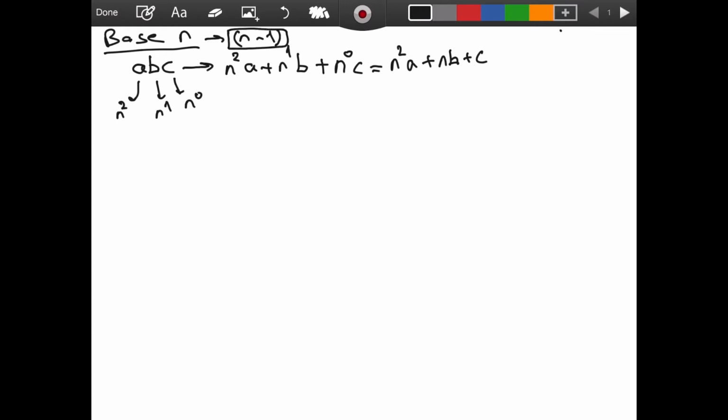And of course you can see where this is going, because we are using base 10 most of the time, and 10 minus 1 is equal to 9. So if we are able to derive this equation for base n, then by substituting 10 for n, we would get the divisibility rule for 9.